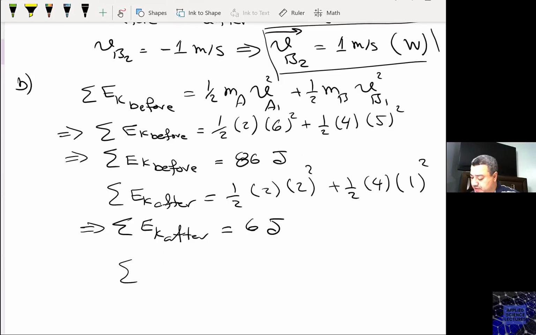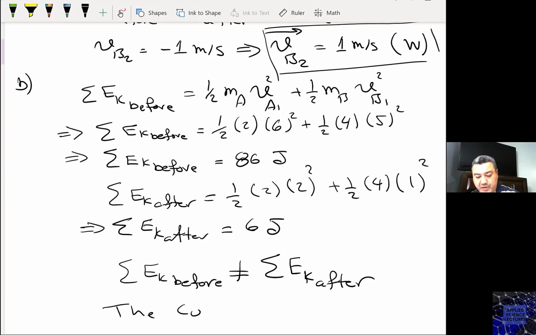As we can see here, sigma Ek before does not equal sigma Ek after, which means the collision is inelastic.